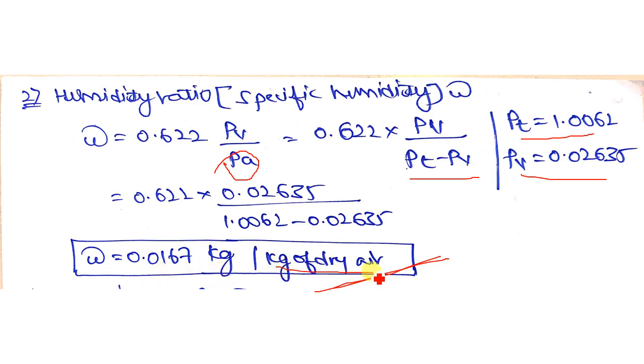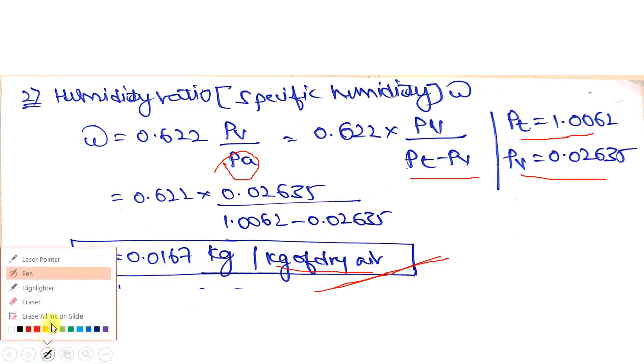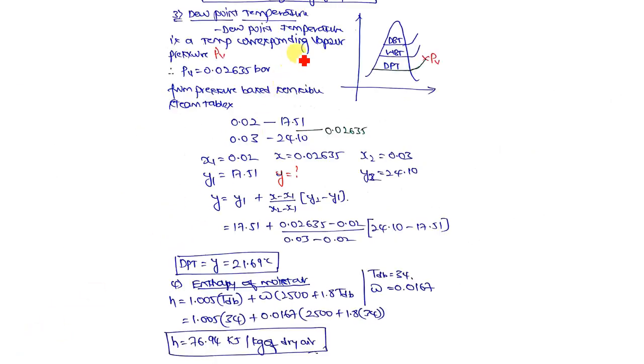Next, dew point temperature. As I told you in the previous video, dew point temperature always corresponds to the vapor pressure. That means you have to look for the pressure of vapor, which is 0.02635 bar, and find the corresponding temperature, for which you will use the steam tables. If you go through the steam table by pressure, for 0.02 the temperature value is 17.51, and for 0.03 it is 24.1.